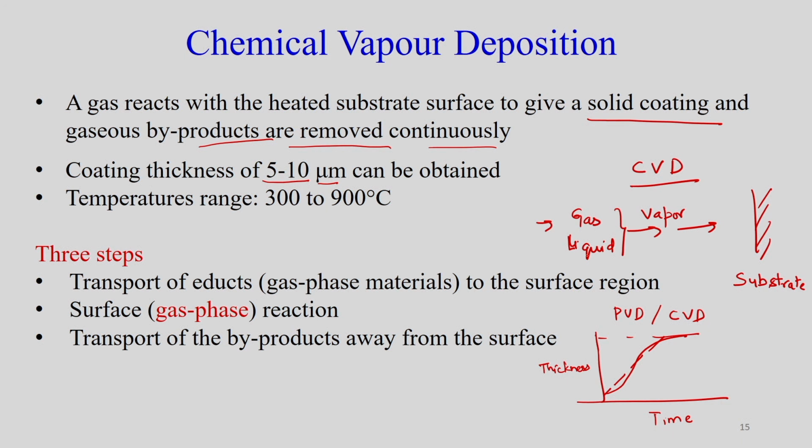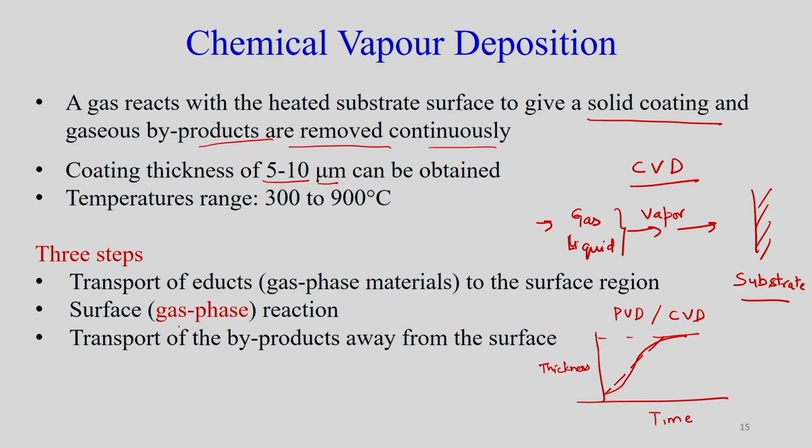Here the reaction is taking place in the gas phase, because the material is there in the gas, or you can say the chemical species in the gas phase, and this is the solid phase. So, this is like a gas phase reaction, and a gas phase reaction usually occurs at a high temperature. The temperature varies in the range of 300 to 900 degrees centigrade.